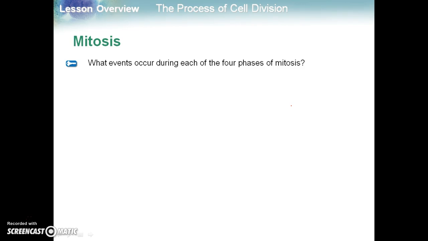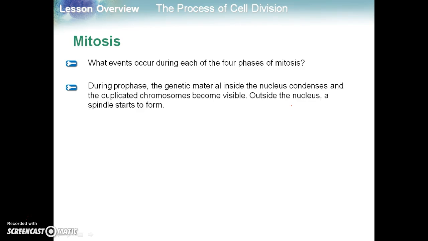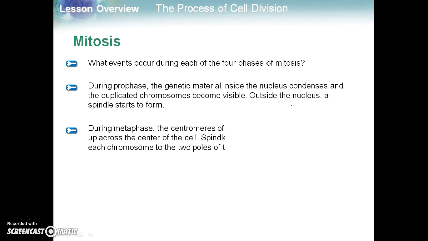So, the events that occur during each of the four phases of mitosis: we have prophase, in which our DNA is going to condense and become visible, and then our nucleus is going to start to disappear and spindle fibers form. During metaphase, the centromeres of the duplicated chromosomes are going to line up across the center of the cell, and the spindle fibers are going to attach to the kinetochore at the centromere.